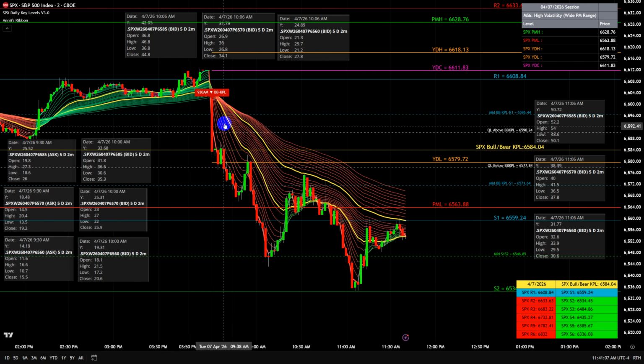As you can see here, this is also all red and giving us a bearish entry signal. So this is also confirming the bearish entry signal being given by the Daily Key Levels indicator. This is our entry confirmed by the ribbon.